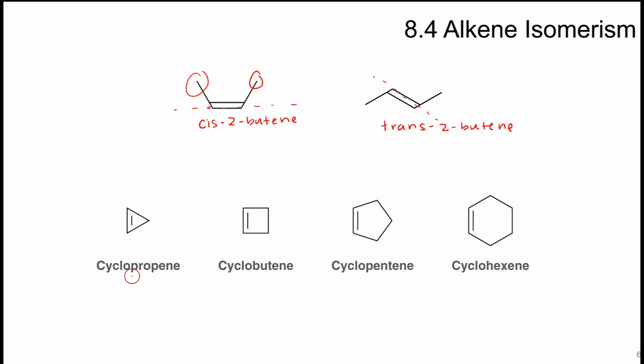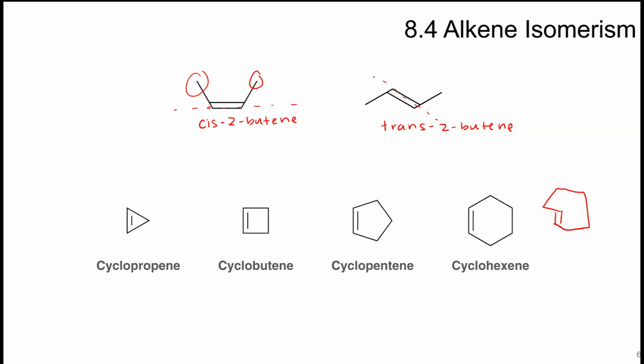And then we have cyclopropene, cyclobutene, cyclopentene, cyclohexene. So for these pi bonds to remain intact, we can't rotate around the double bond. And in cyclic alkenes with less than 8 atoms in the ring, you can only have cis alkenes. You wouldn't have a bond such as this to get that in there. That's trans. Cyclic ones are always going to be cis.